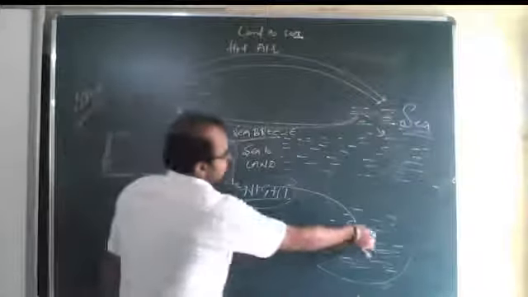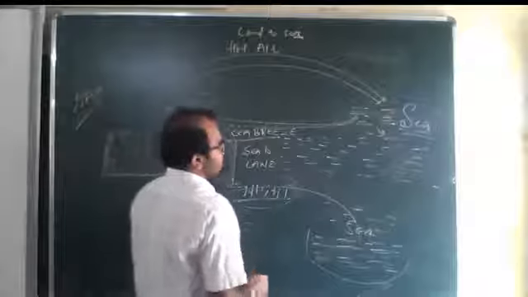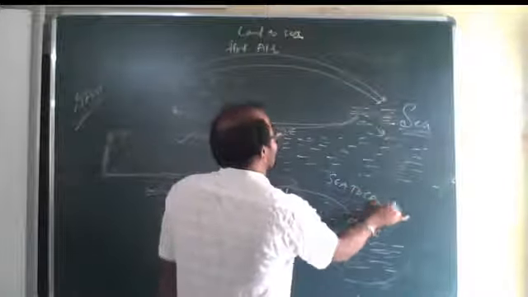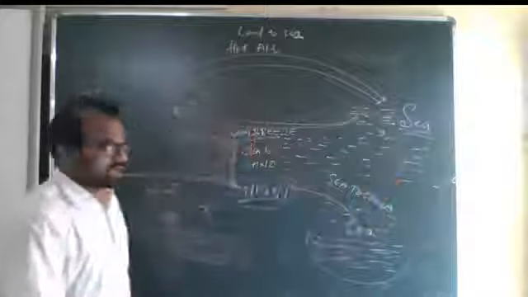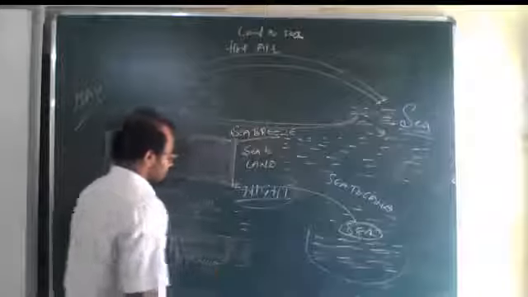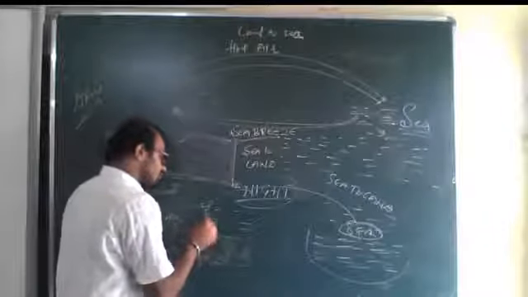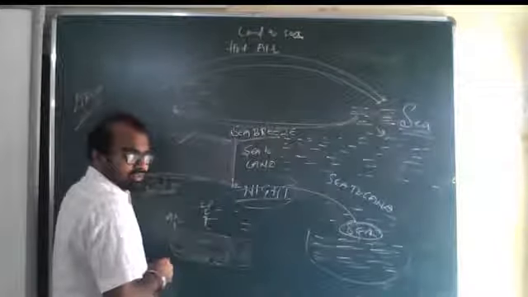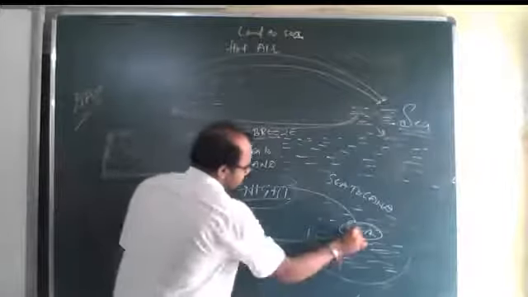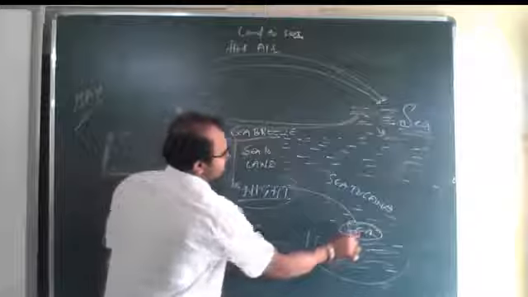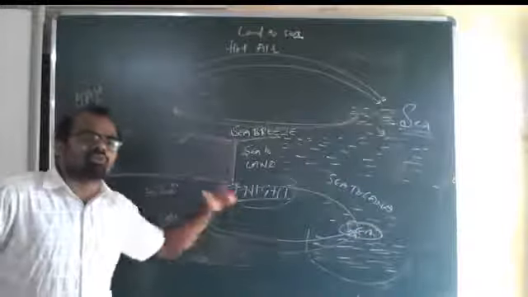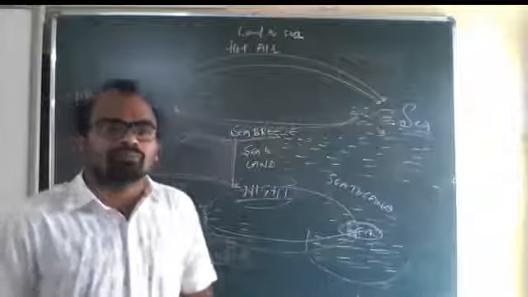So now the hot air is transferred from sea to land. Okay. Now what happens? Here the low pressure is created. So the air present here, that is cold air, present here will move to this side. Exactly reverse process. What happened during daytime? Exactly the reverse process happens at night time.